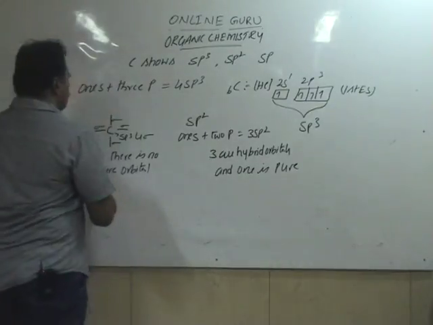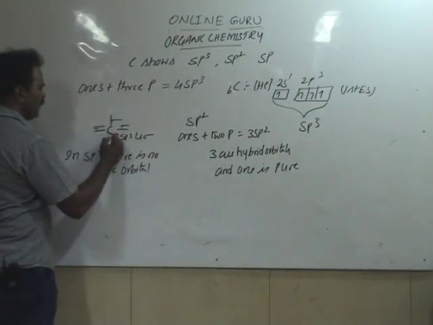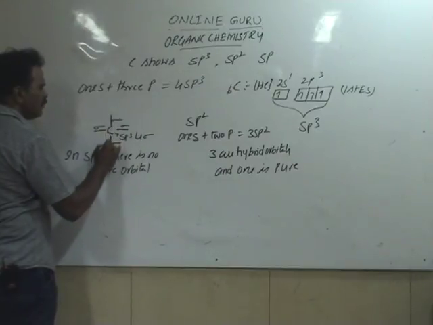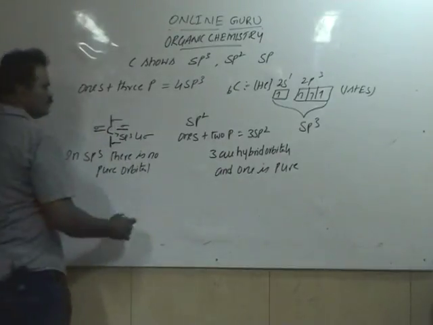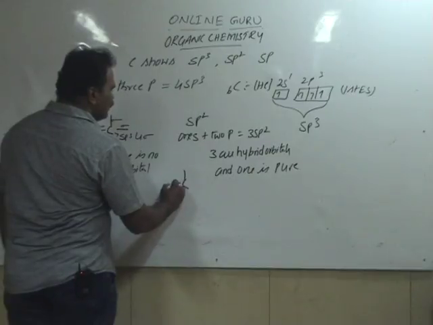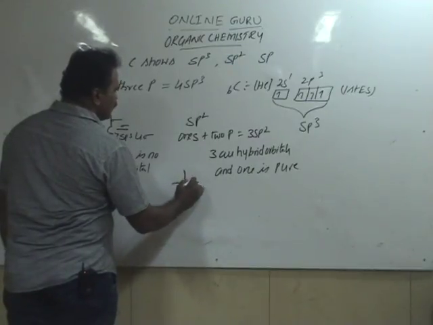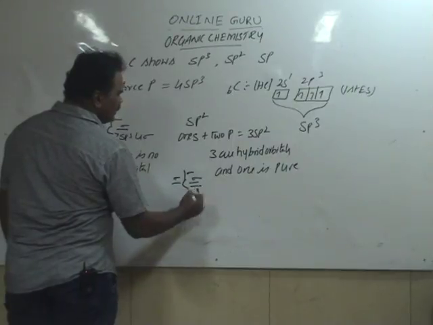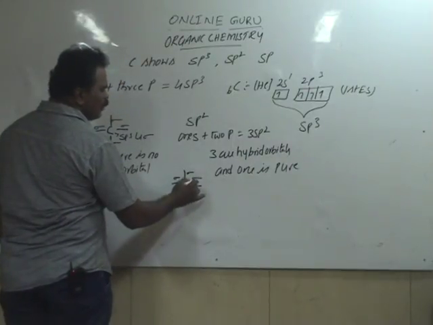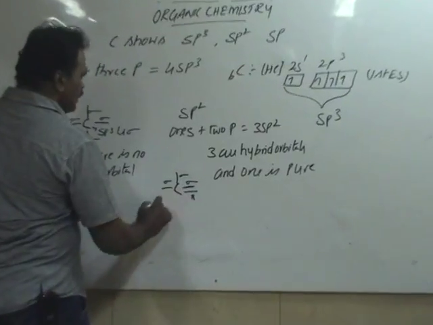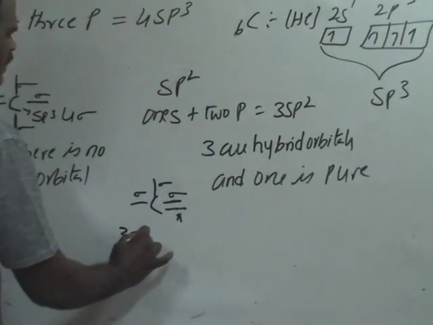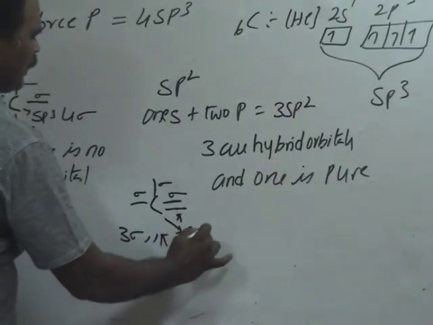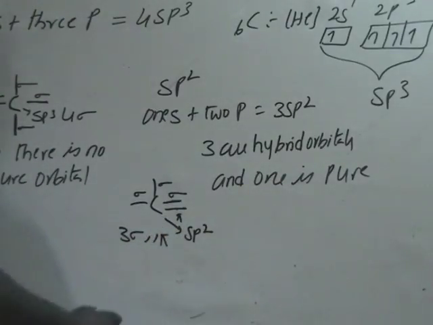The carbon which is surrounded by 4 single bonds or 4 sigma bonds is said to be sp3. In a double bond, there is 1 sigma and 1 pi. If the carbon atom is surrounded by 3 sigma and 1 pi, then the carbon atom is said to be an sp2 hybridized carbon atom.